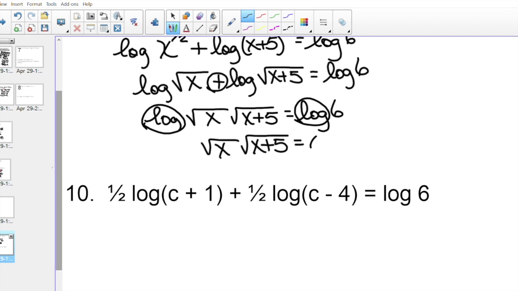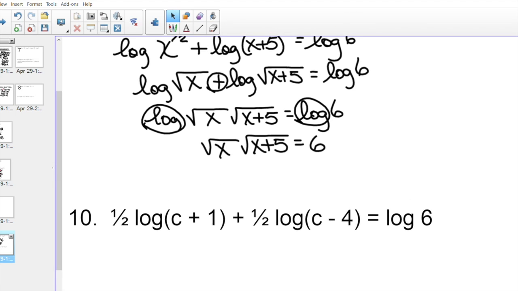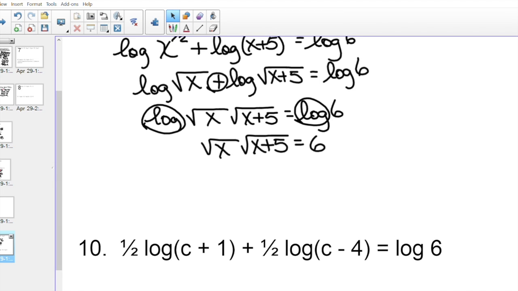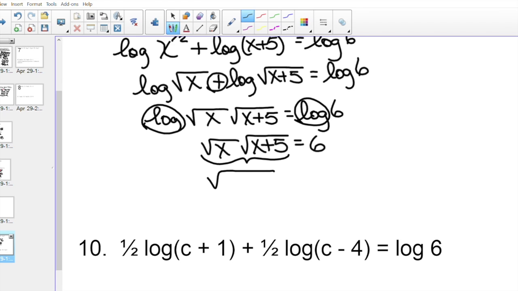So then we just have this equation to solve. Now, how do you solve this particular quadratic, the square root of x times the square root of x plus 5 equals 6? A multiplication of radicals. My expression is, you say inside times inside, and the answer remains under the radical.